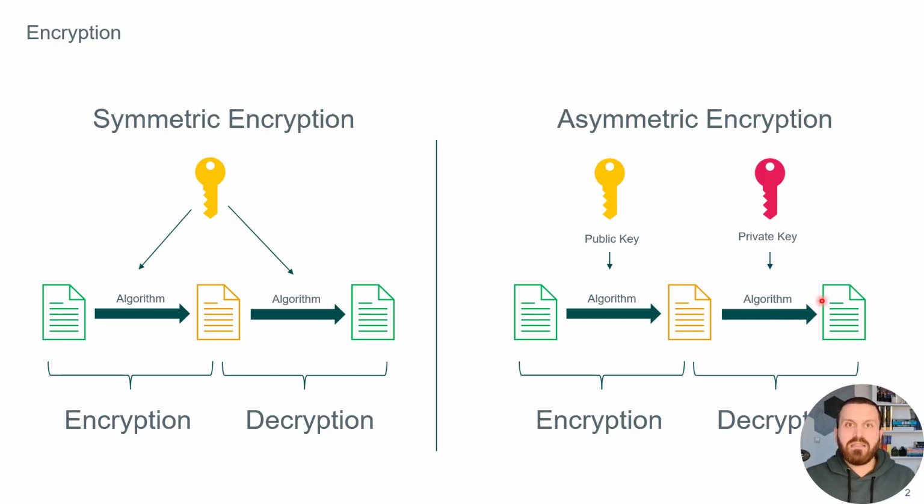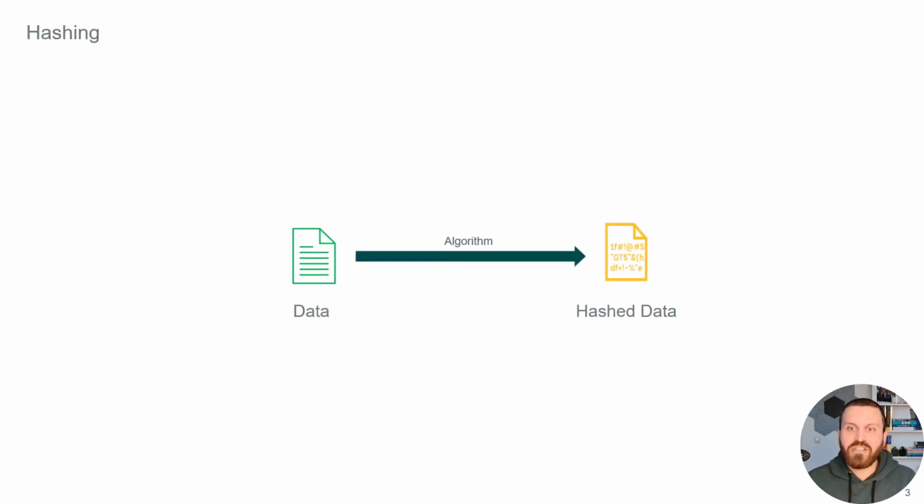Keep it in mind that encoding and encryption, they are two-way algorithms, which means that you can encrypt something and then decrypt it. You can encode something and then decode it. But we have another algorithm, which is hashing.